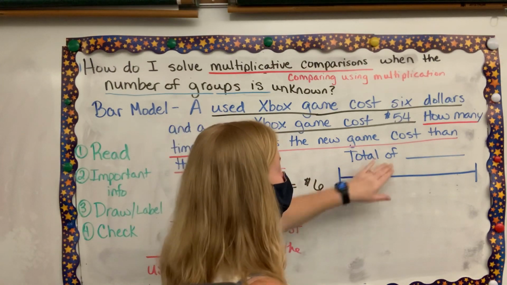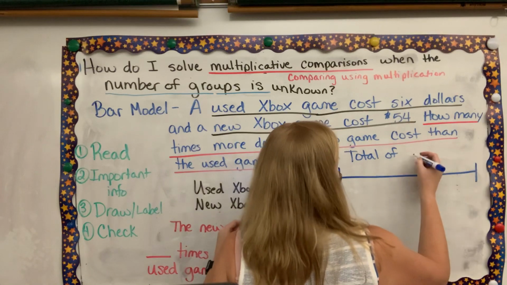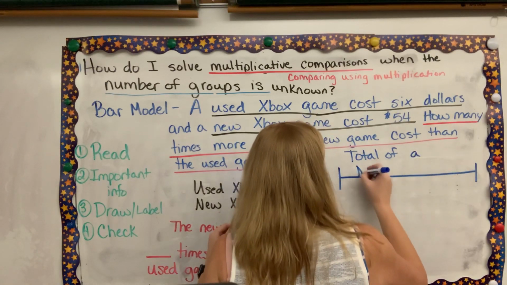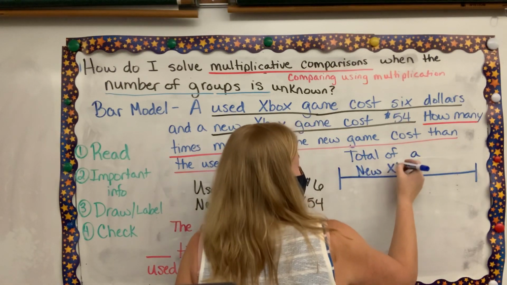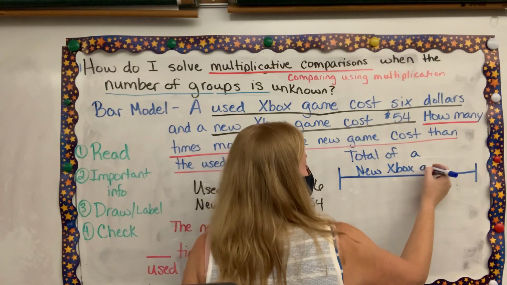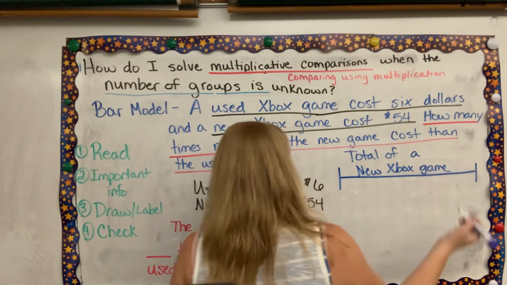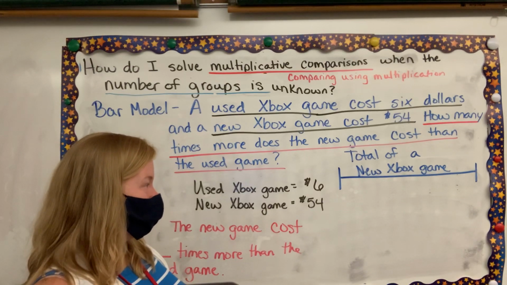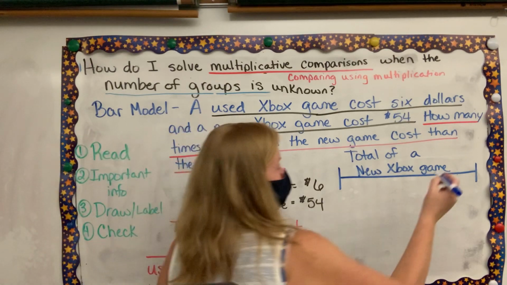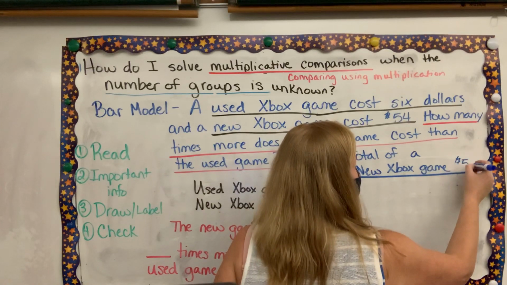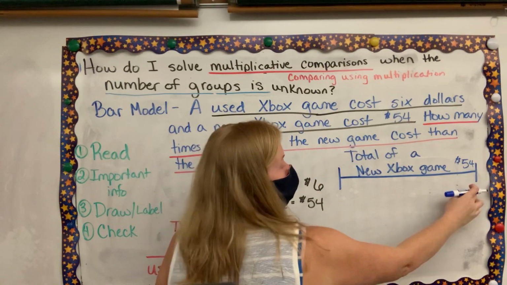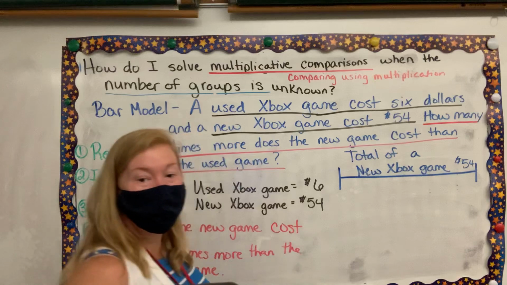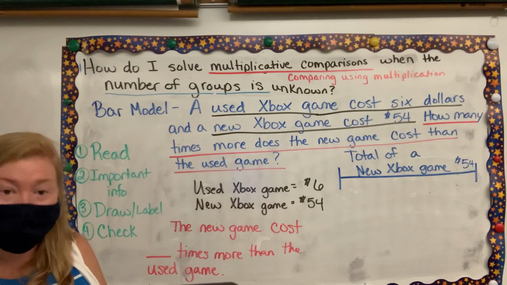The total of a new Xbox game, which is how much? Yes, Danelli just mouthed it. 54. Good job. 54. So this whole line is worth 54. That's what it's worth. The whole line is worth $54.